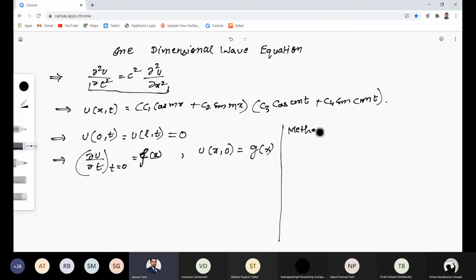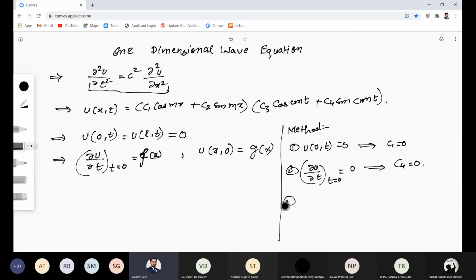Method. What was our method? We use the first condition u(0, t) = 0, and what we derive is c1 = 0. We'll use the third condition ∂u/∂t at t = 0 equal to 0, then we'll derive that c4 = 0.